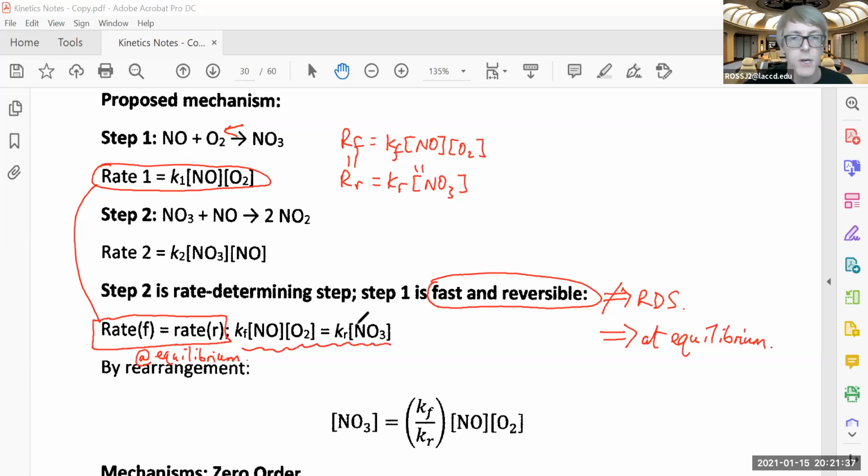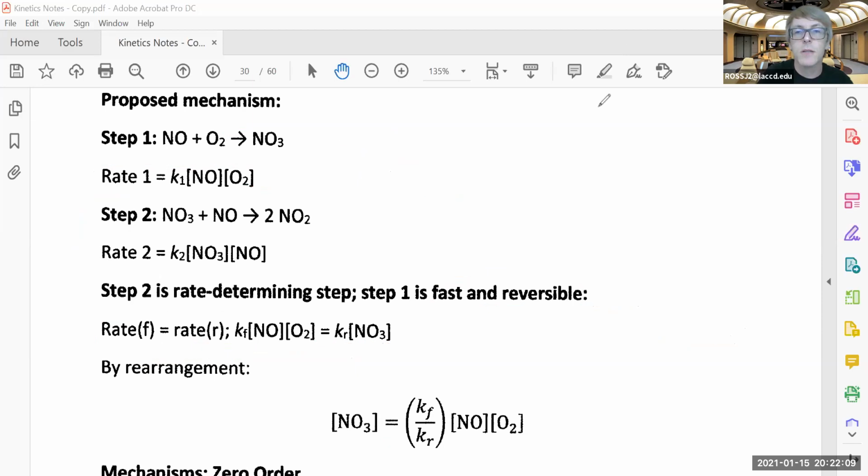Okay, so we've got this expression here, and then we isolate it by dividing both sides by Kr to isolate this. Why would we want to do that? We'd want to do that because it's an intermediate. Okay, are we sure it's an intermediate? Let's double check.